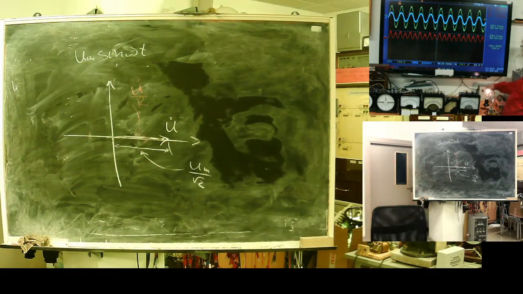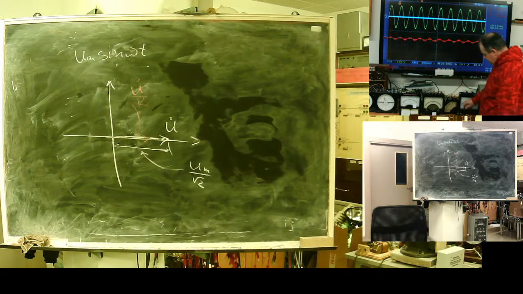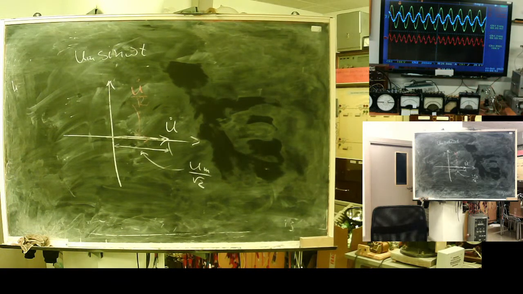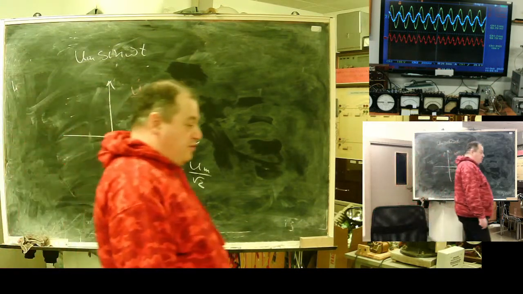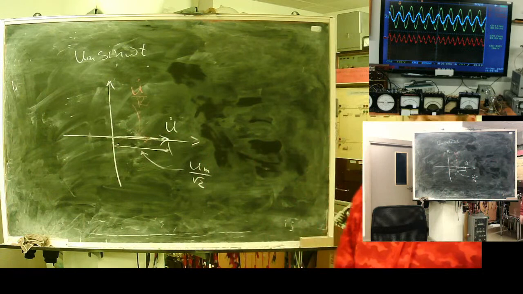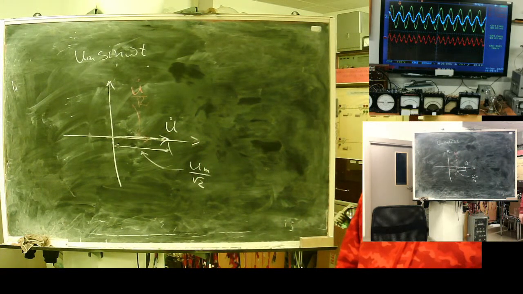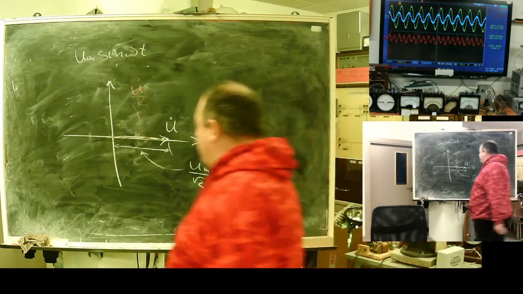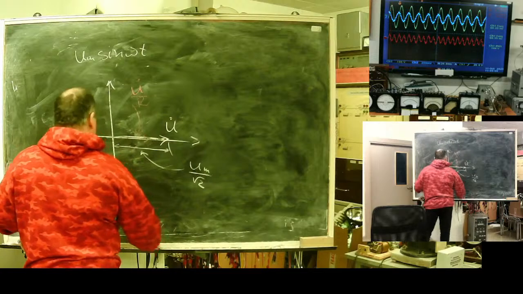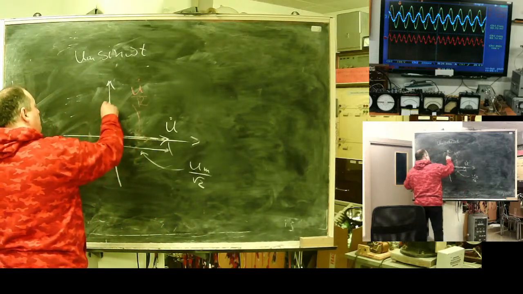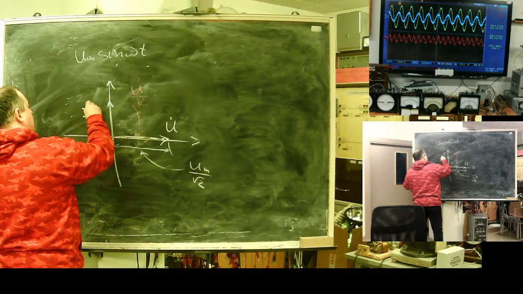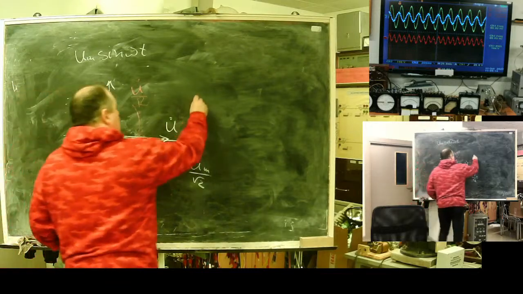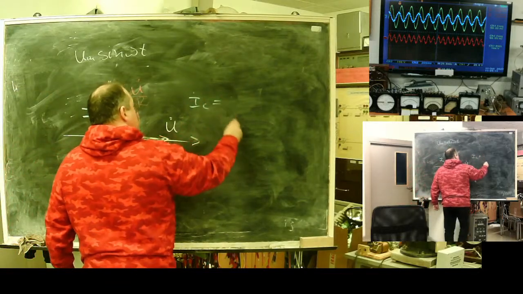More complex: here is the capacitor current, which is the derivative of, we have capacitance and derivative. The idea is to represent it with a vector. It's a capacitive current.